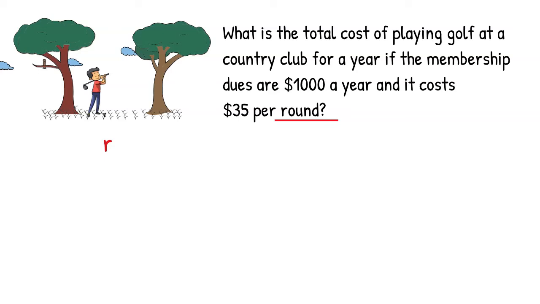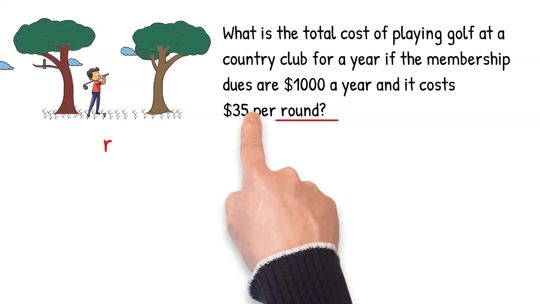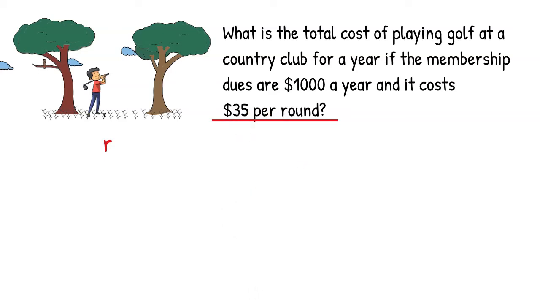Now, what is happening to the R? Well, we have to pay $35 per round every time we play a round. Be careful with the word per. Sometimes we multiply, sometimes we divide. Read the story. Does it make sense to divide the $35 by the rounds or to multiply the $35 by the rounds? Multiply. Now we have 35R.